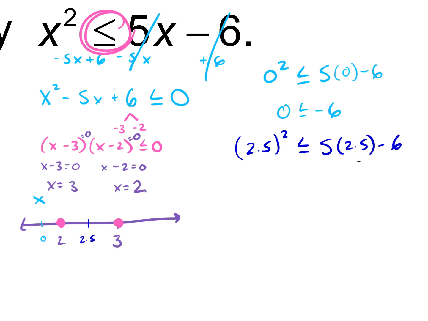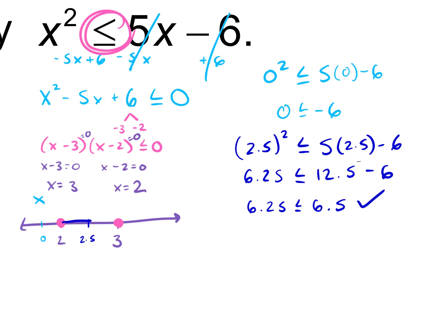Well, let's work it out. 2.5 squared would be 6.25, which is less than or equal to 5 times 2.5, which is 12.5, minus 6. So this would be 6.25 is less than or equal to 6.5. Is this true? 6.25 less than 6.5? Yes.